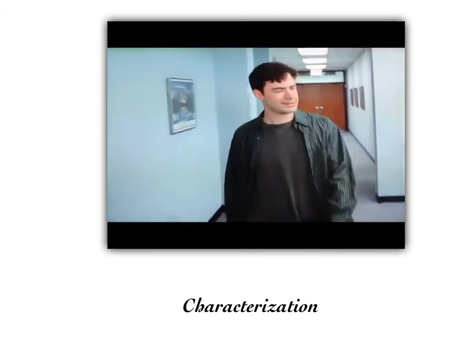Okay, so I wanted to share this example because I think it's a really good example of characterization. It's from the movie Office Space, and you can see in that little clip a lot of very specific traits of both the characters, of Milton, who has the stapler, and of Lumbergh, who's coming up to him. You'll probably notice that Milton stutters a lot, that he seems really nervous.